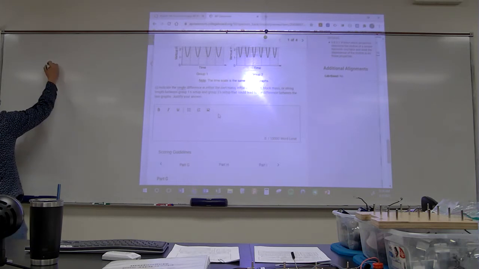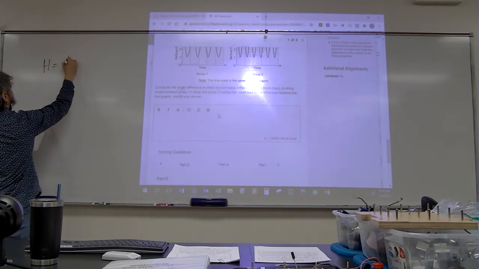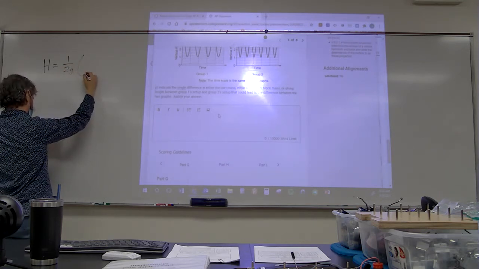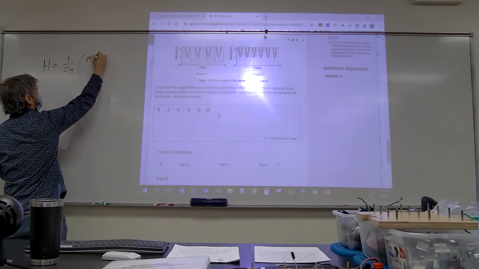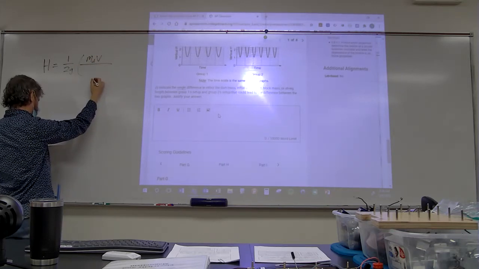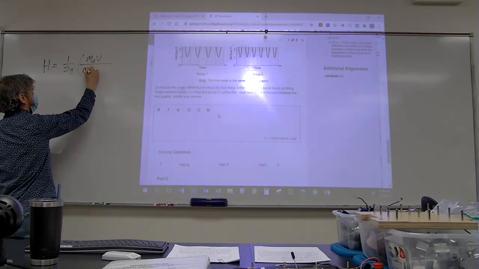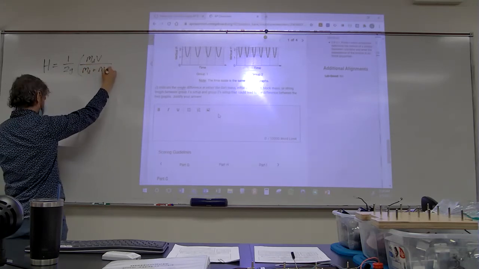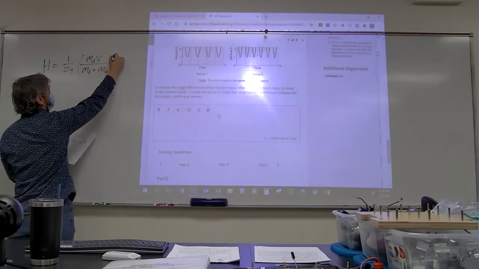That equation is H equals 1 over 2g times the mass of the dart times the velocity of the dart before it strikes the block, over the sum of the mass of the dart and the mass of the block, all squared.